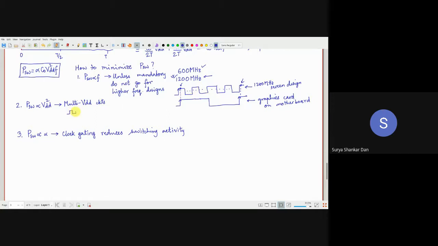Suppose this is the clock. This is a pulse stream. Then, if this is your VDD voltage axis, this can be your VDD, right? Why is it necessary to pull the clock all the way to VDD? We will put it as, let us say, only 0.2 of VDD.